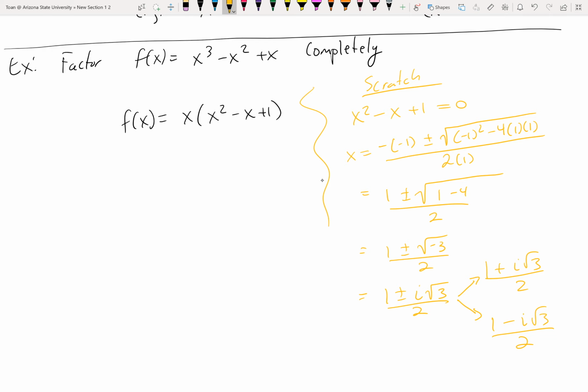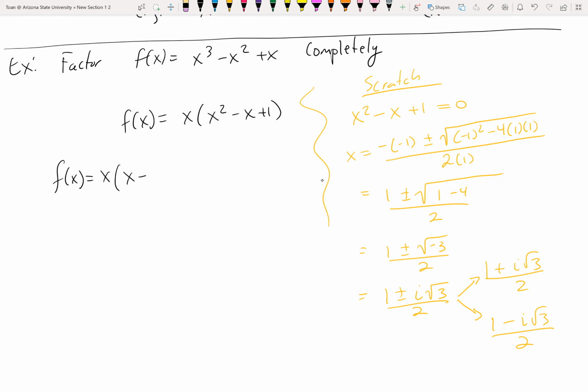So how do I factor the original polynomial? Well, according to the factor theorem, all I need to do is x minus this ugly answer, and that'll produce a factor. So going back to the left side, we can answer the question. So f of x equals that original x that we factored out times x minus one of our answers.